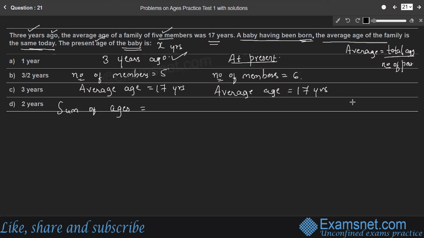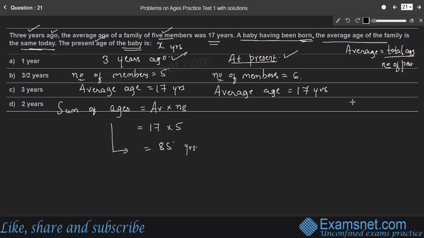So the sum of their ages becomes average into number of members. It is 17 into 5, 85. So the sum of the ages of the 5 members is 85 years.